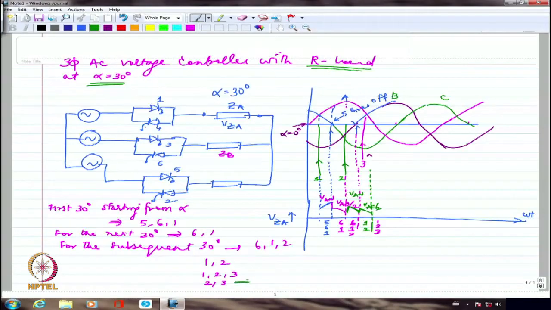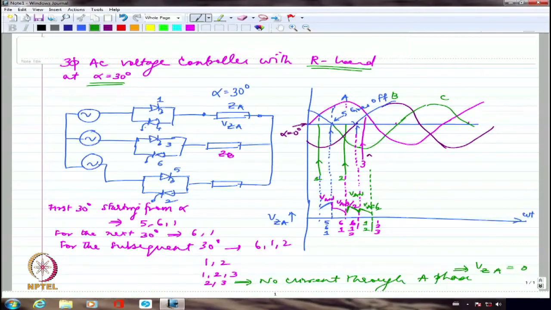So whatever is the VZA will be 0 during this 30-degree interval. After that we will fire 4. Once we fire 4, again we will get negative side voltage, because it will essentially allow the current to flow in the opposite direction. Is this clear?